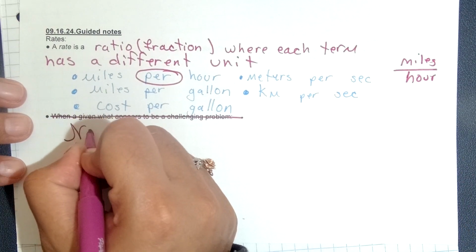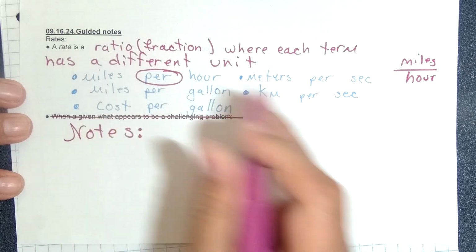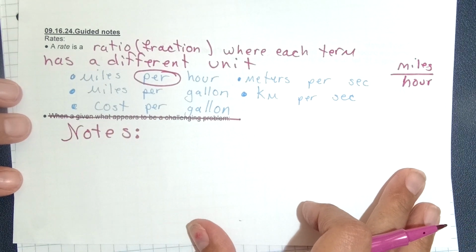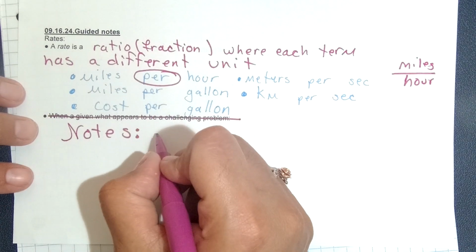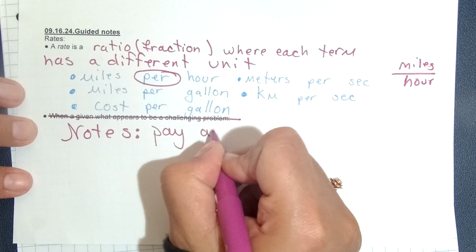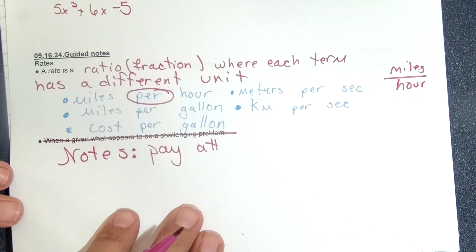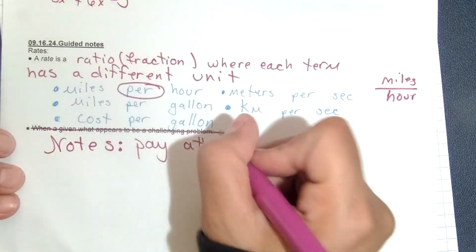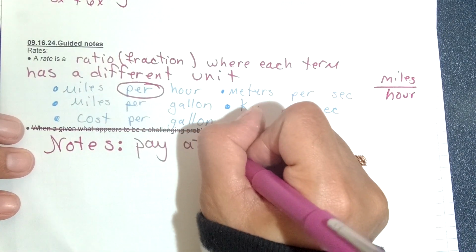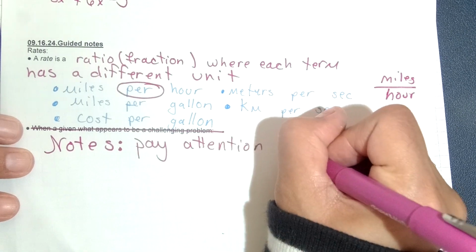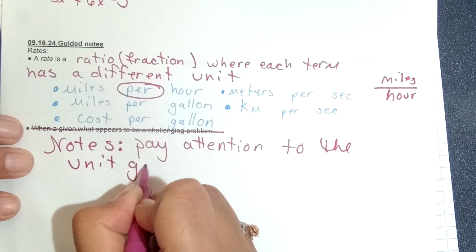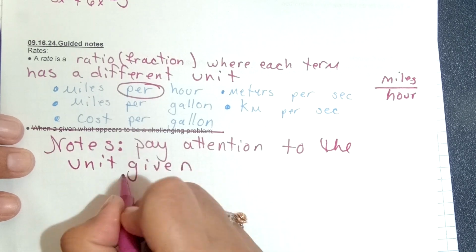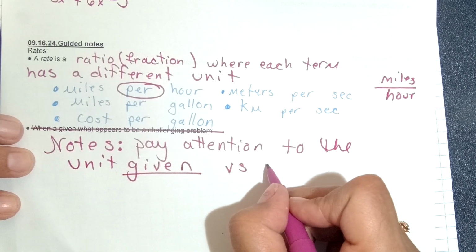We have some notes for rates. So write this underneath. You want to pay attention to the units given versus what they're asking.